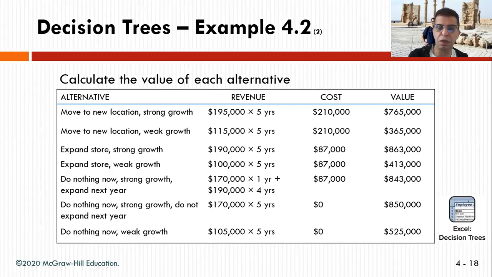The third option is do nothing. Now, strong growth, and we expand next year. So the same cost, because we're just expanding, we're not moving anywhere, and the value is going to generate for us 843, if it's strong growth. The other option is do nothing, and if there is strong growth, we expand next year.